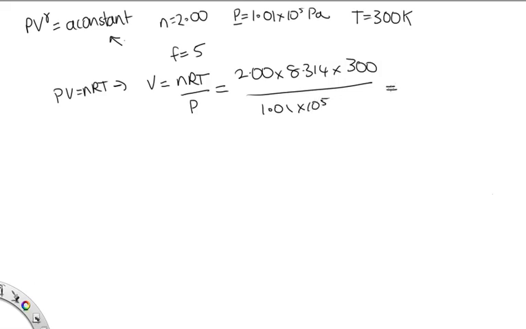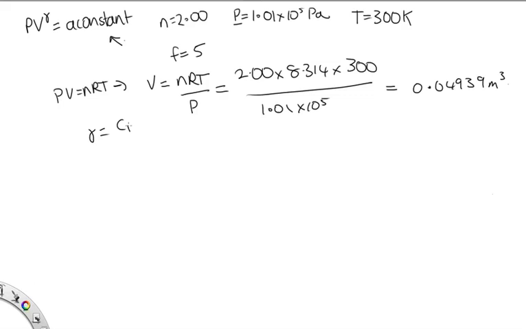Solving that on the calculator, we end up with 0.04939 meters cubed. Now we've got V as well, so we just need to calculate gamma.